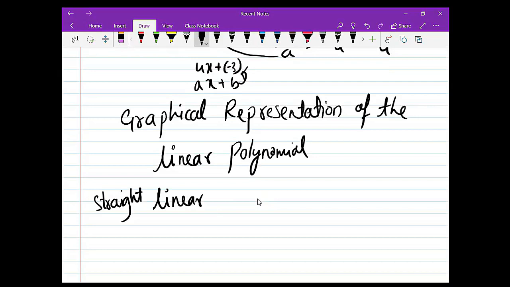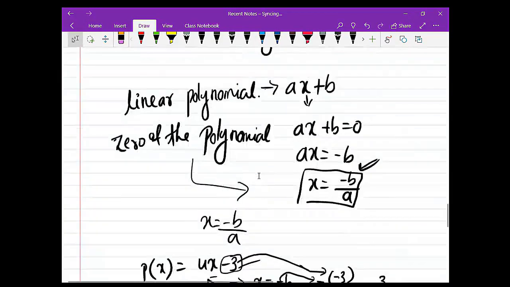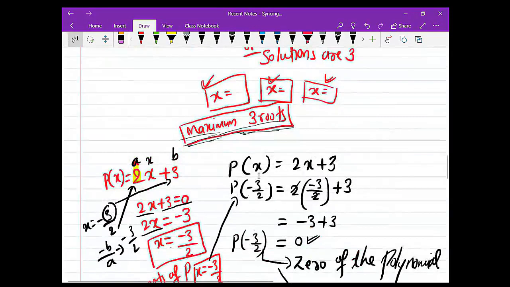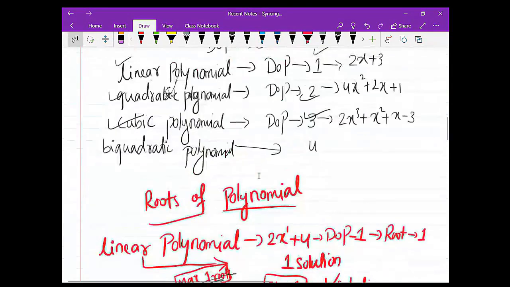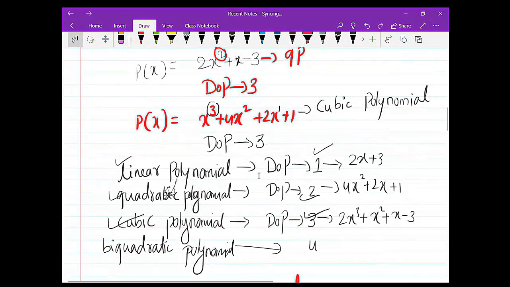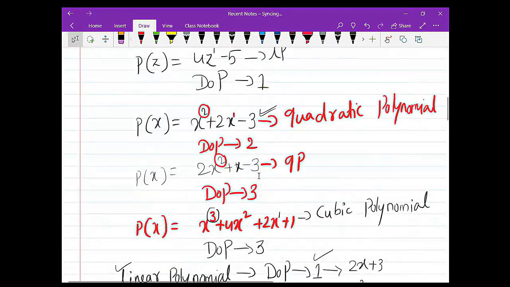A linear polynomial gives us a straight line, which we are going to represent on the graph in tomorrow's class. If I continue here, you will get confused with everything. So how much I am going to teach in one class, that much only you have to learn. Then only the things will be fixed in your mind.